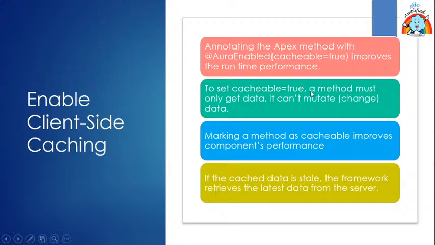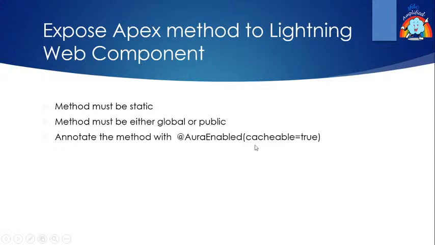So that's how mutable and immutable work. Here they say that a method must only get data, but it cannot change the data. It is just getting the data because of the wire service. So that's how we write cacheable=true, and it helps in improving the performance. For the wire service, cacheable=true is a must.